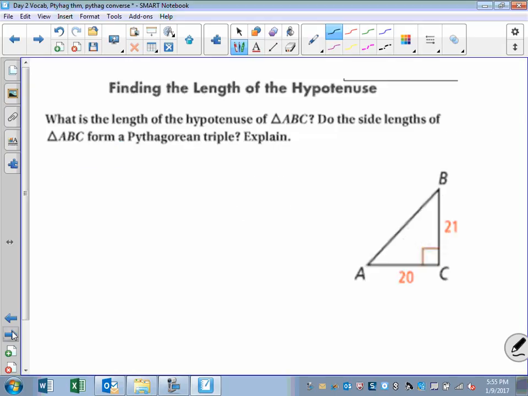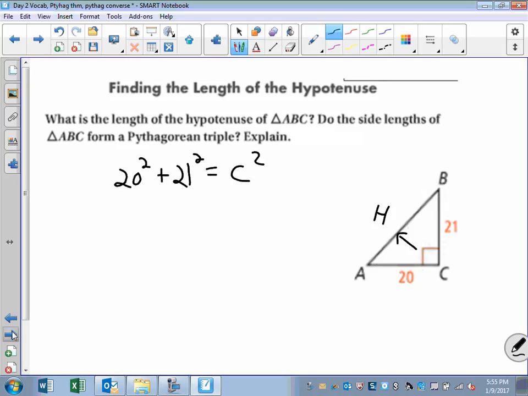So finding the length of the hypotenuse is just as easy as squaring, adding, taking the square root. So we have 2 legs here. We know that we have the legs because across, opposite, is the hypotenuse, so that's what we don't know. So we got 20 squared plus 21 squared is going to equal c squared, or hypotenuse.